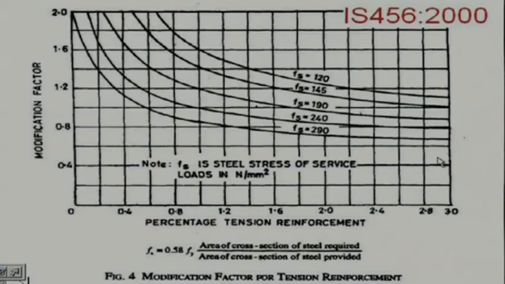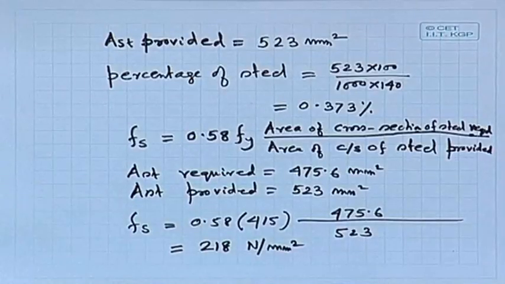Now if we come to figure 4 of IS 456 2000, we know Fs is 218 and the percentage of steel we are getting is 0.373. So, 0.373 means it will be somewhere here.